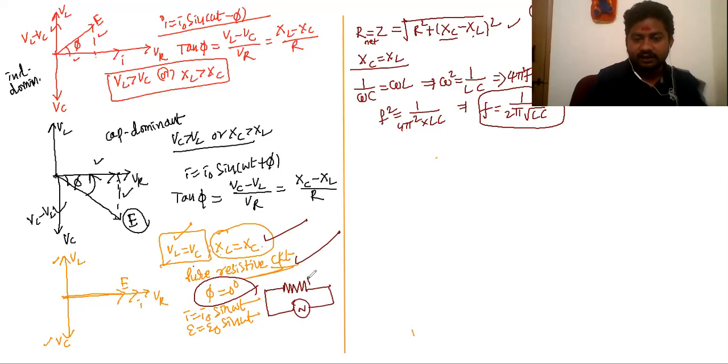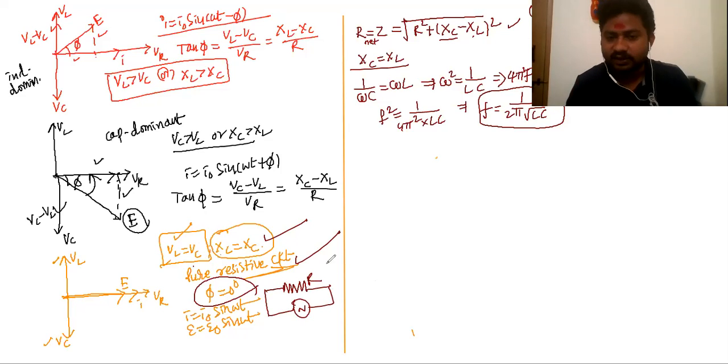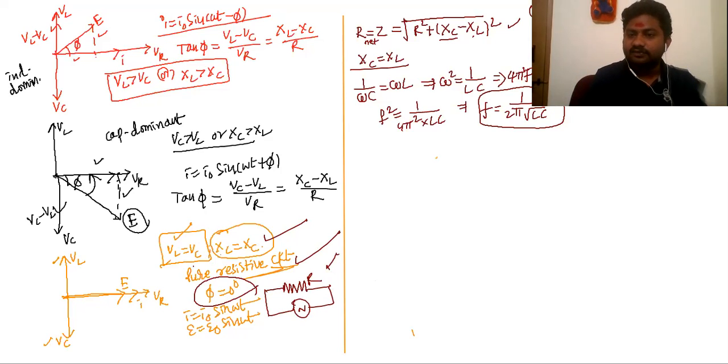That's it, right? This frequency is called the resonance frequency. At this frequency only, the LCR circuit will become a pure resistive circuit.